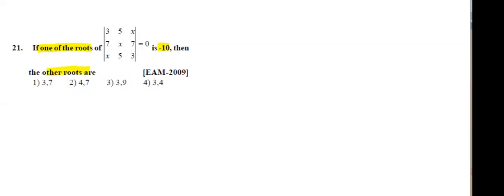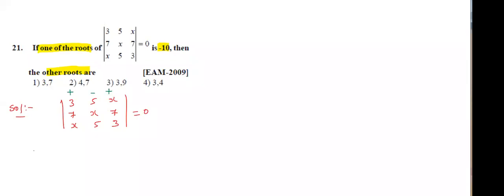So here the determinant is equal to 0, given. First we need to expand the determinant 3, 5, x; 7, x, 7; x, 5, 3, which is equal to 0. Take the signs plus, minus, plus.